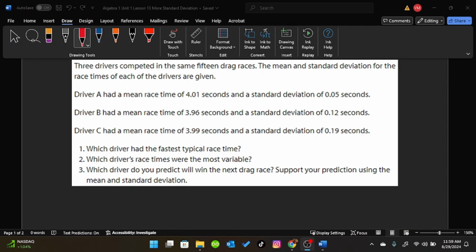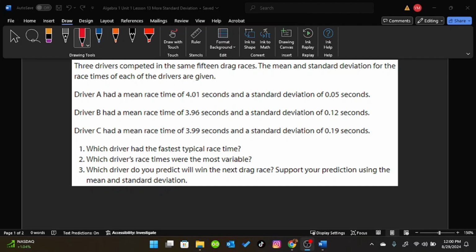As we begin our practice problems, the first one says, 3 drivers competed in the same 15 drag races. The mean and standard deviation of the race times for each of the drivers are given. Driver A had a mean race time of 4.01 seconds and a standard deviation of 0.05 seconds.